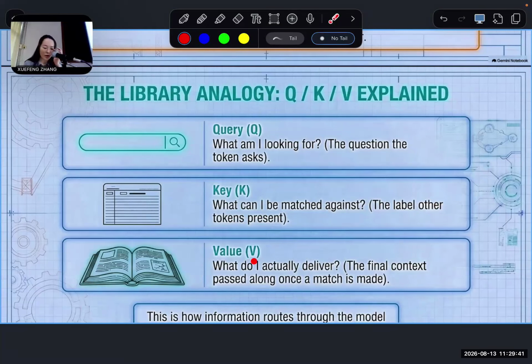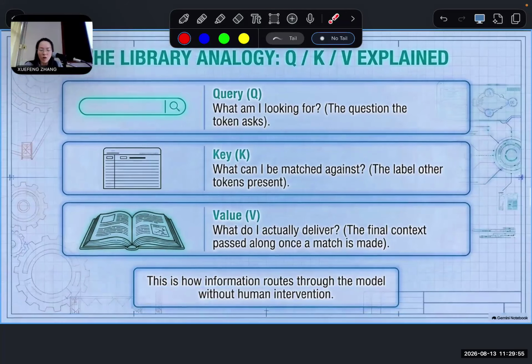And next one, values, which is V. It means, what do I actually deliver? The final context passed along once a match is made. All three steps happen automatically through matrix multiplication. No human tells the model which words to connect.